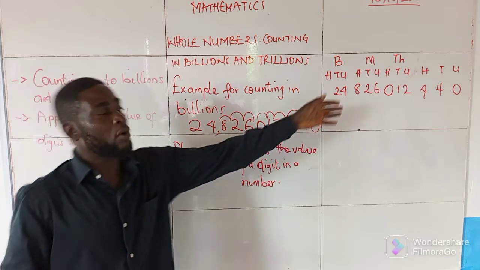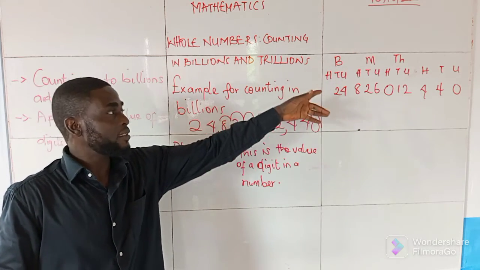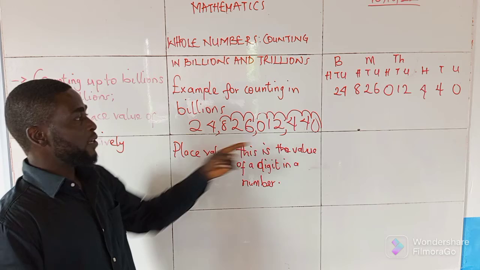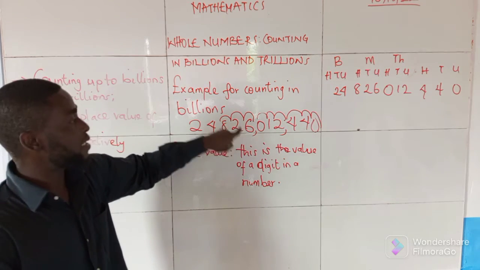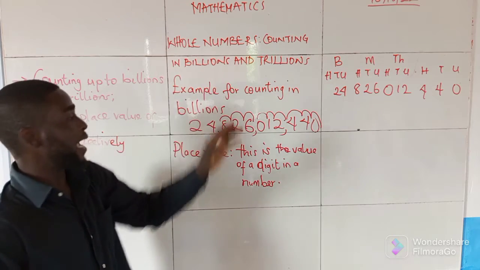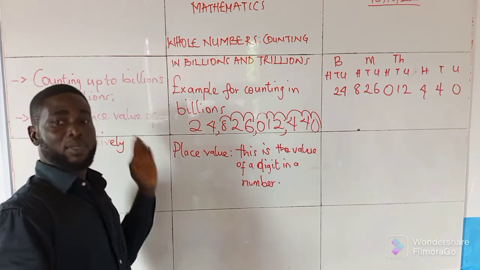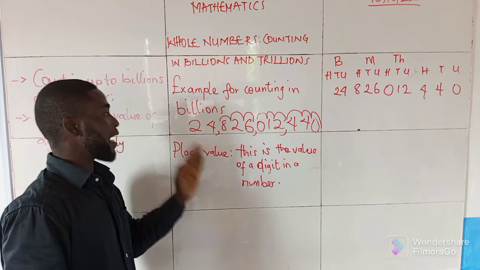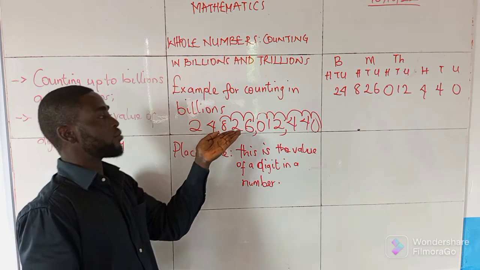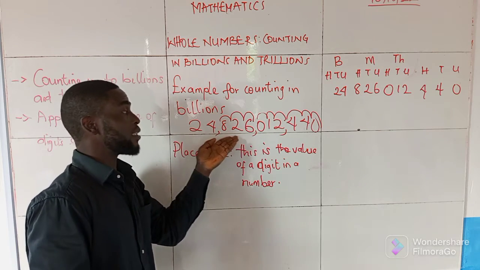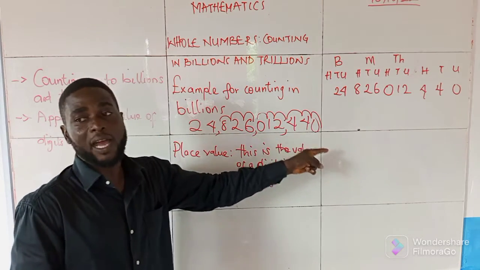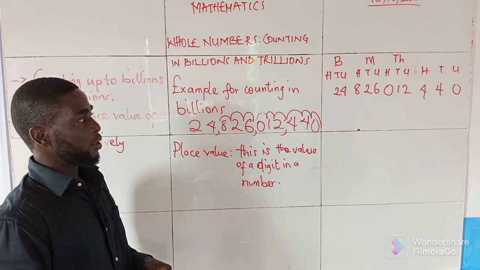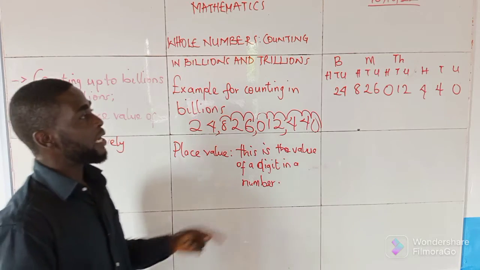So if I didn't want to go all that way to explain it, I could have just said, if I have grouped this into 3 groups, 3 groups would signify hundreds of millions. Anything after that is the billion category. So then I can now say it is 24 billion, 826 million, 12,440.